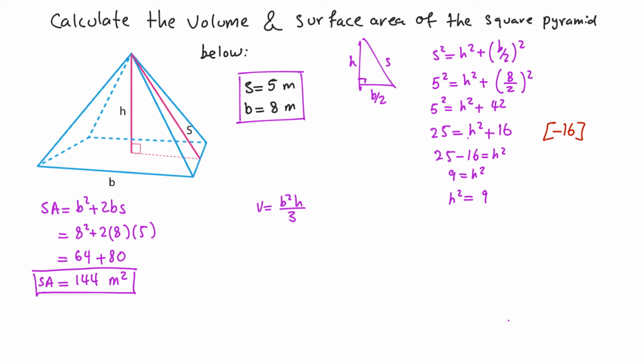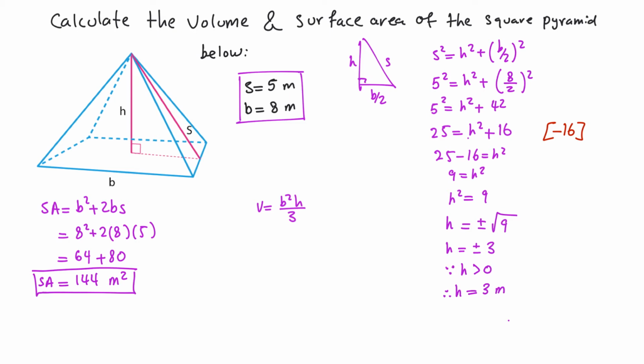And finally, I know that I can take the square root of both sides and I will get H is equal to plus or minus square root of 9. A really nice round number, I like it. H is equal to plus or minus square root of 9, which is 3. Since height cannot be a negative value, because it's a length, H has to be larger than 0, and therefore H is equal to 3 meters.